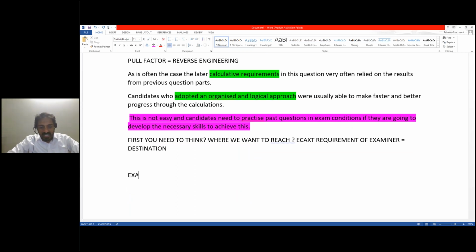The conclusion is that the examiner said exam simulation, with time management, marks management, professional marks, and with pull factor.